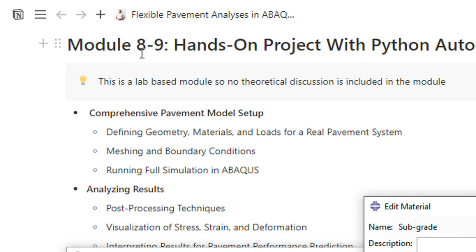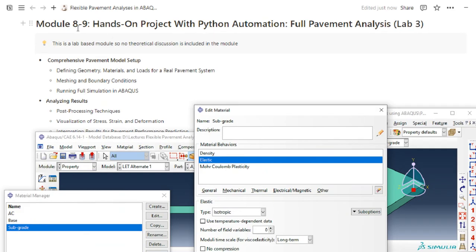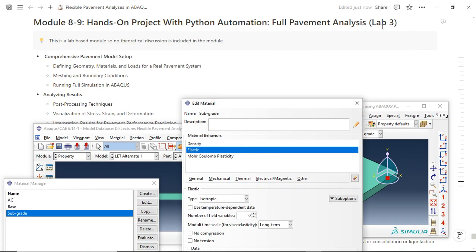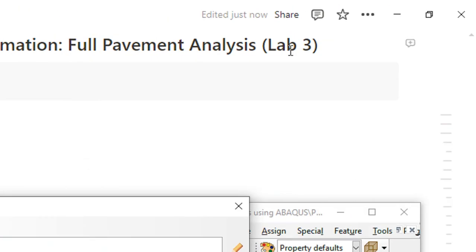In the next video I'm going to start another hands-on project by considering all these points which I discussed here, and maybe in future, if possible, I will try to include further practical projects in this course. I'm not promising, but I'll try my best to include those. Anyways, the next video is about full pavement analysis. It will be considered as lab 3.